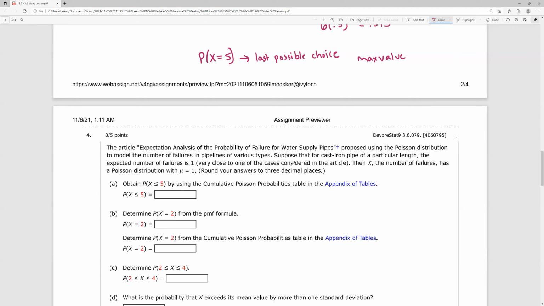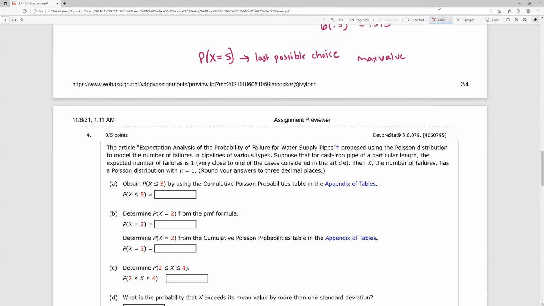We had a lot of similarity in some of those setups. Poisson is not based on a simple experiment of trials. It spreads probability over all non-negative integers, so there's an infinite number of possibilities.